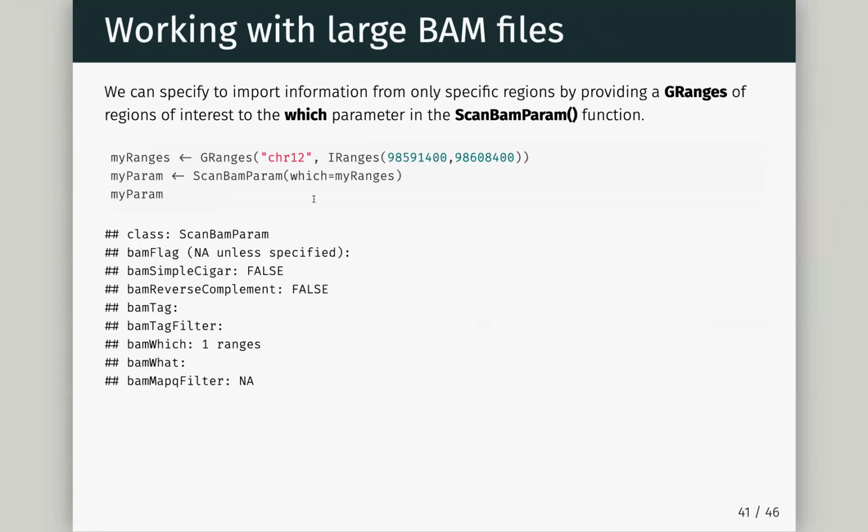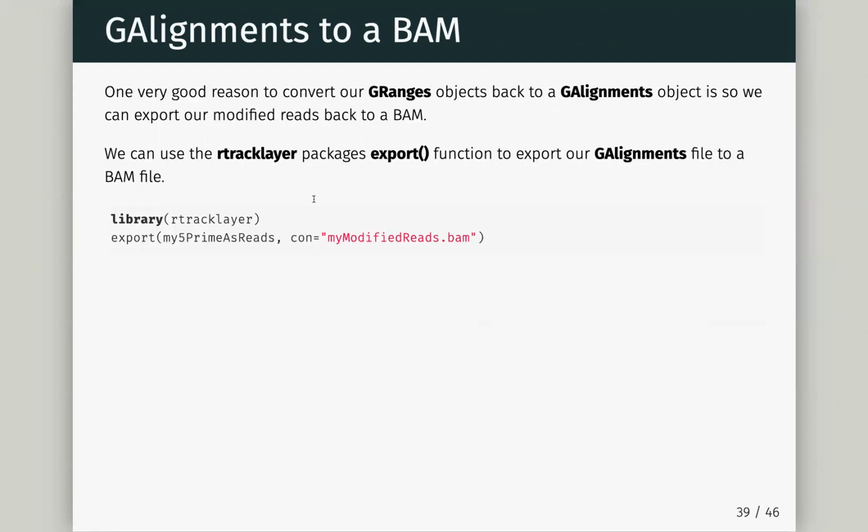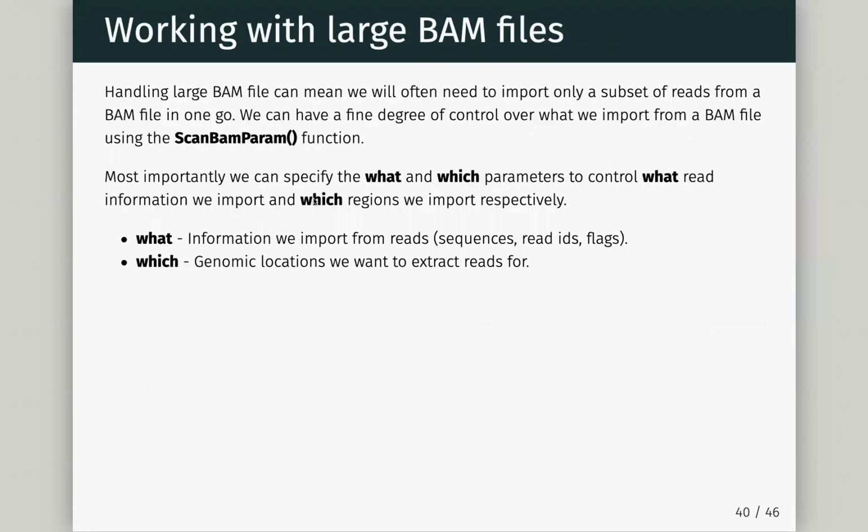People do that to save memory. Why would I store all the sequence information if I have the FASTQ? Maybe they know what they aligned them to, and they can just look up the sequence which was underneath the read later on. So we can control what information we actually import in from these reads.